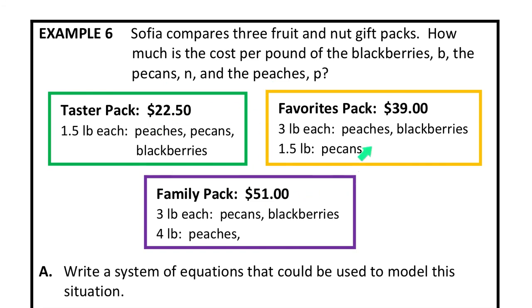So we have 3 packs here: taster pack, family pack, favorites pack. And notice the variables, right? Blackberries are B, pecans are N for nuts, and P is peaches. So the only one that's kind of different is pecans, because we're already using the letter P for peaches. So we're just going to use N for pecans.